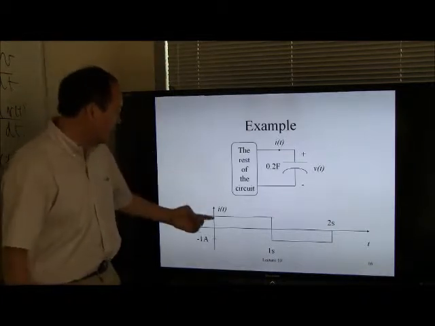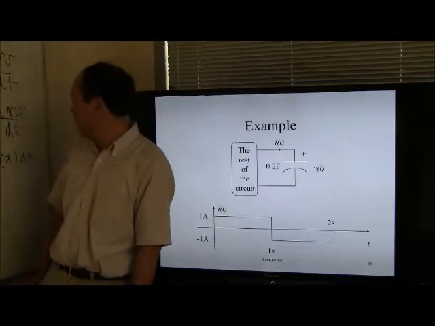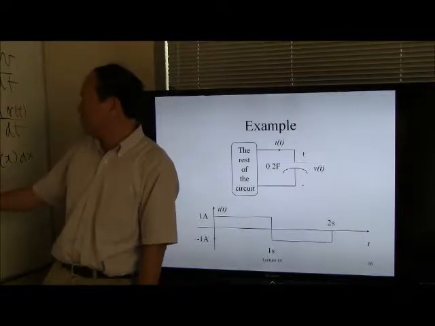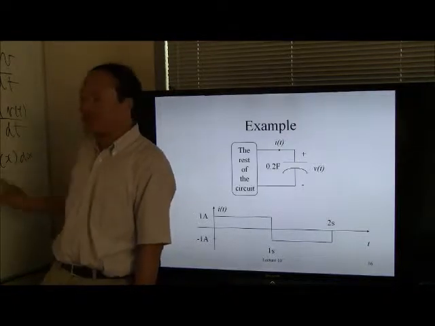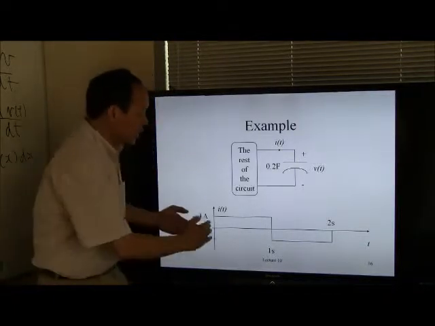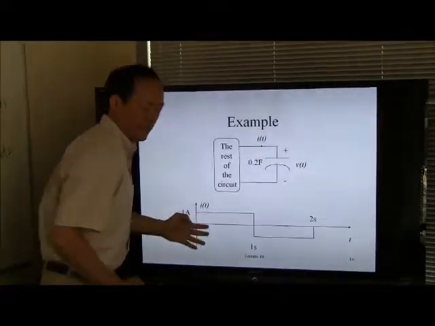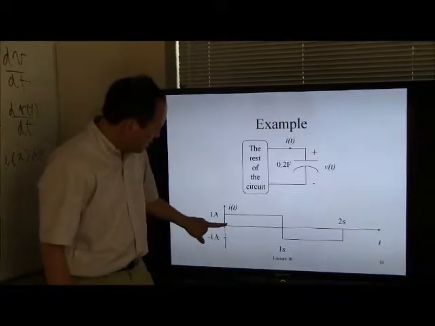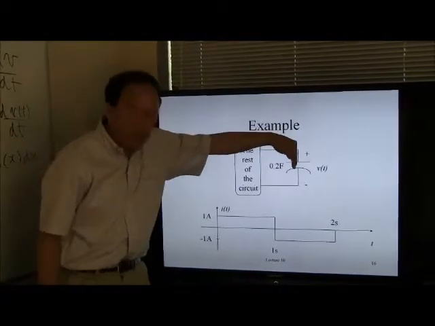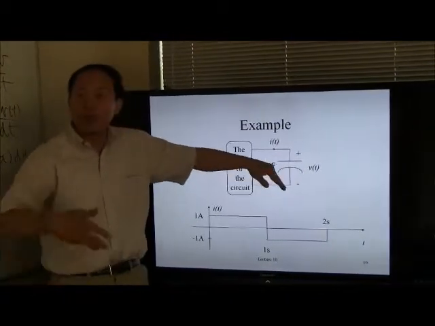Now we are given the current I of t. In order to find V of t, we have to do the integration. So if you look at this curve here, we need to integrate this over time. As the current flows into the capacitor, the voltage keeps increasing.